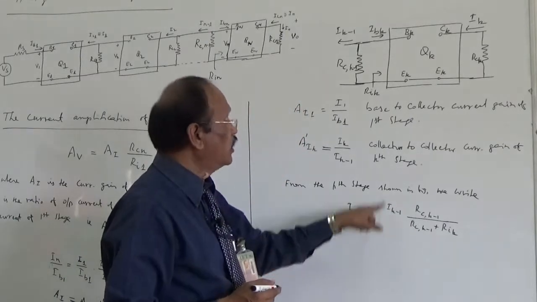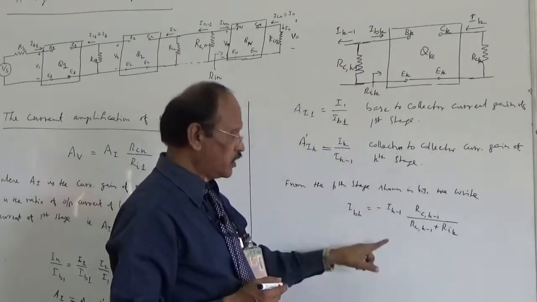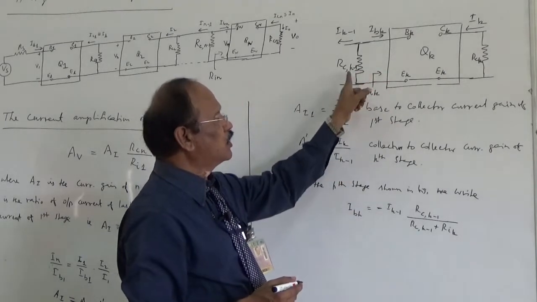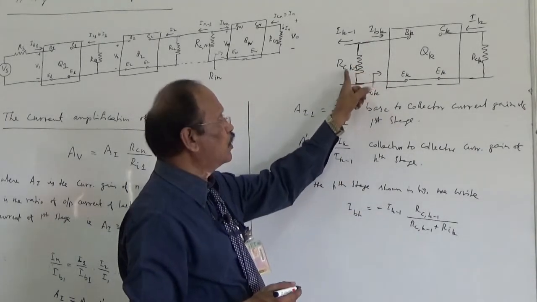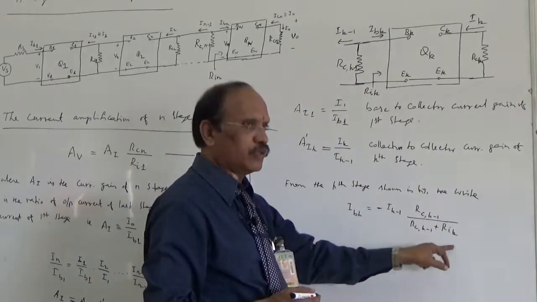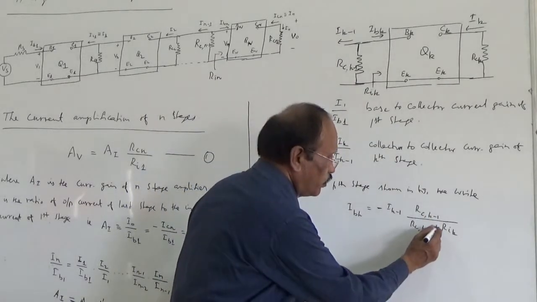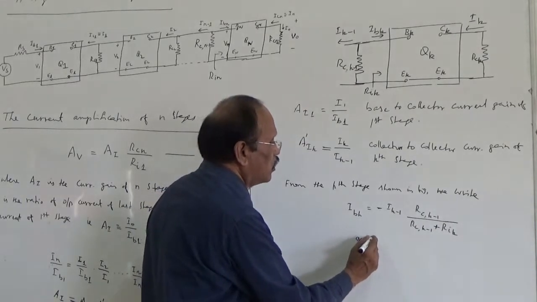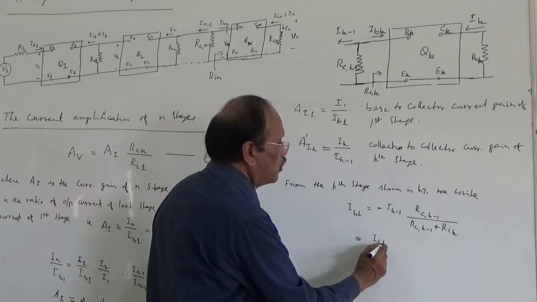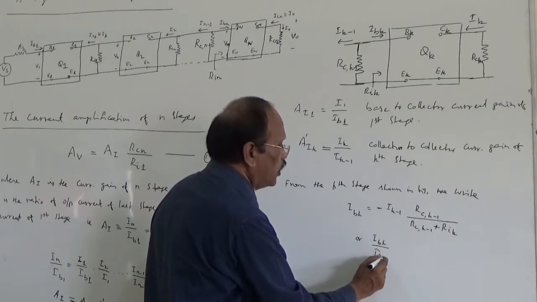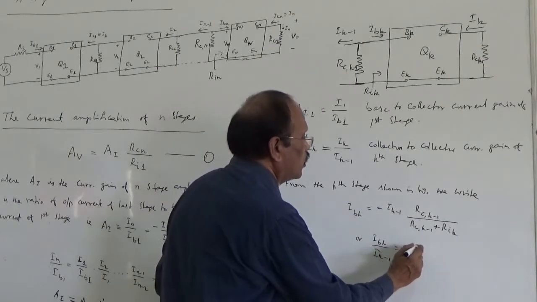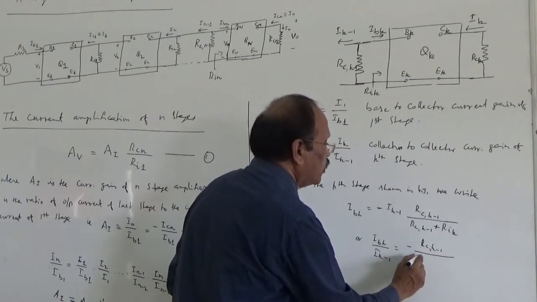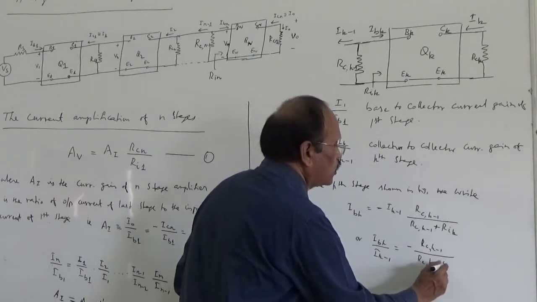This minus sign indicates these two currents are in the opposite direction, and this is the total current, and these are two resistances. If you want to determine the current through this one, we have to multiply by the opposite resistance and divide by the sum of the two resistances. So you can write this as IBK by IK minus 1 is equal to minus RCK minus 1 divided by RCK minus 1 plus RAK.